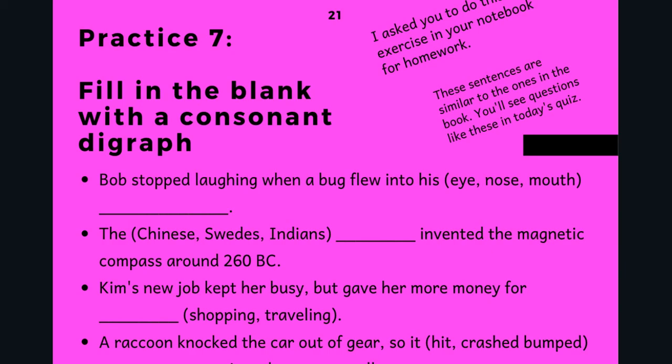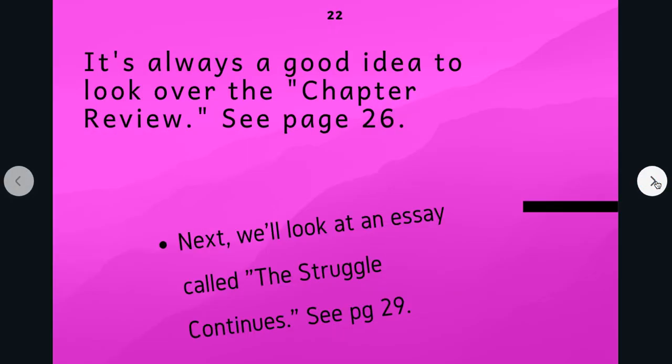In the original sentence, it was Bianca forgot to take the car out of gear and it kept going until it hit, crashed, or bumped against the garage wall. I changed it to a raccoon knocked the car out of gear, so it hit, crashed, or bumped against the garage wall. So see if you can choose the word that has either a TH, an SH, or a CH in it. Okay? I think that should be pretty easy.